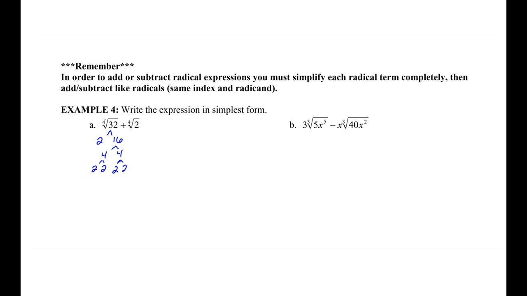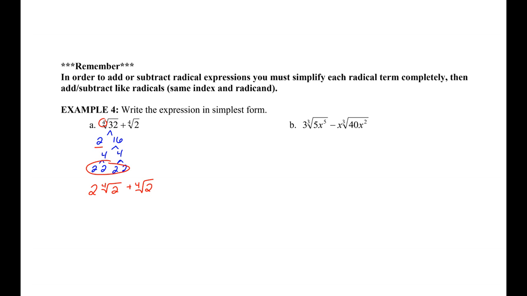And because this is the fourth root, I'm looking for 4 of the same number, which means I do have a 2 left over. So 4 2's come out as a single 2, and I'm left with the fourth root of 2 plus another fourth root of 2. Now my index and radicand are both the same, so I have the same root up top and I have the same number underneath.